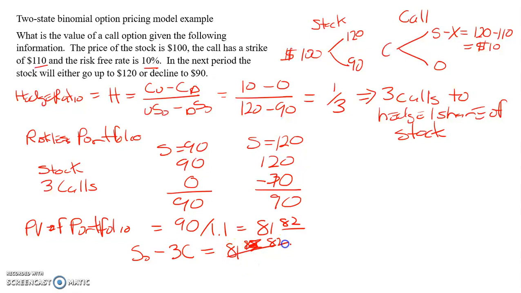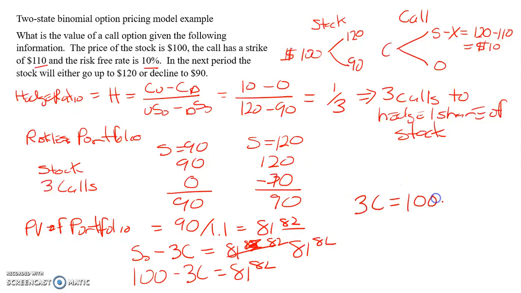So, why don't we just start over? There we go. So stock price is 100. 100 minus 3C is equal to 81.82. So we rearrange: 3C is equal to 100 minus 81.82, which is $18.18.